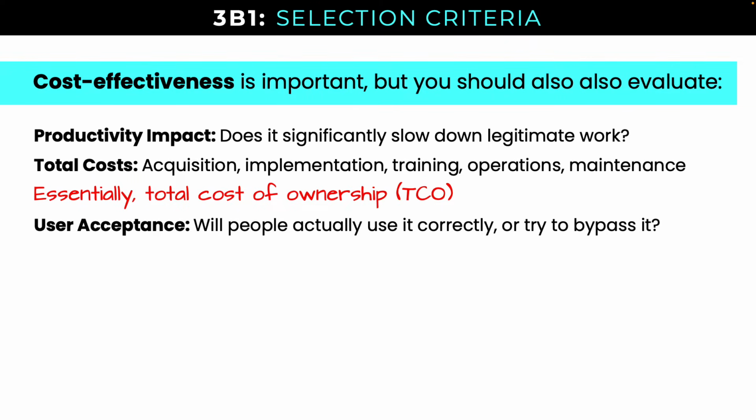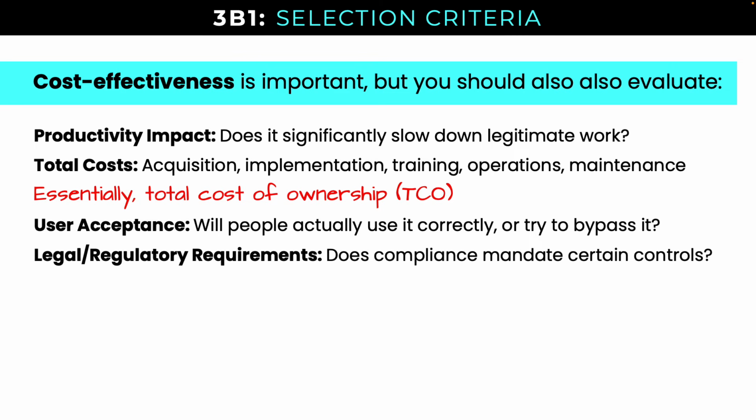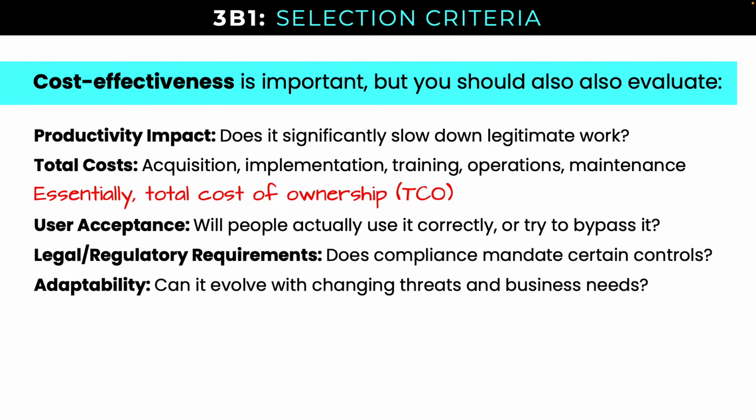User acceptance. Will people actually use it correctly, or are they going to try to bypass it, making it ineffective in a practical sense? Then we need to look at legal and regulatory requirements. Does compliance mandate certain controls? Adaptability. Can the control evolve with changing threats and business needs over time? We don't want to have to repurchase frequently.